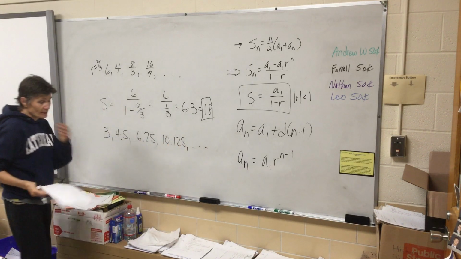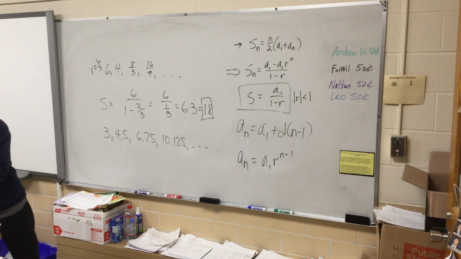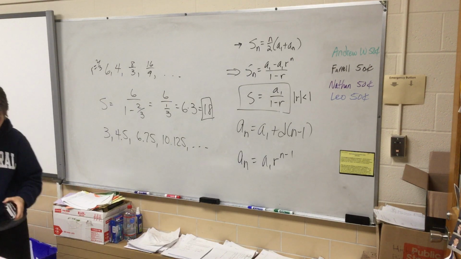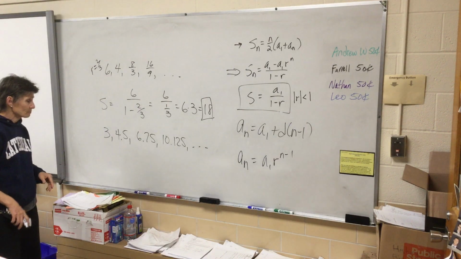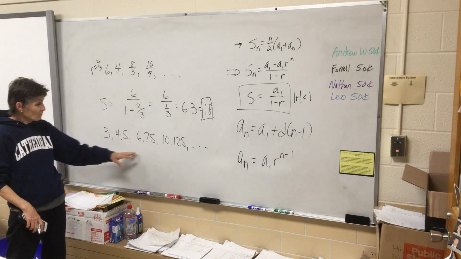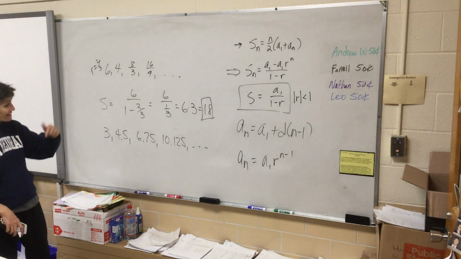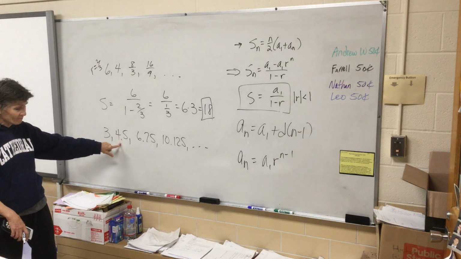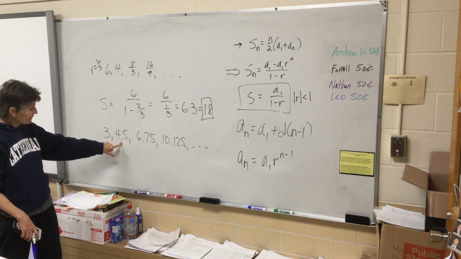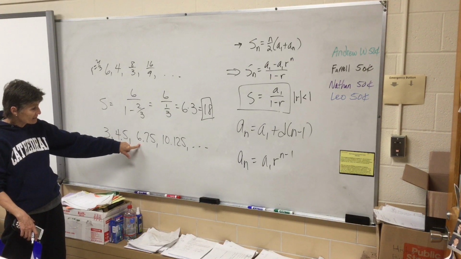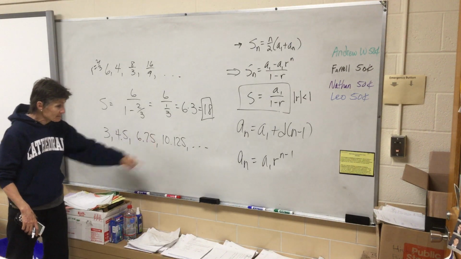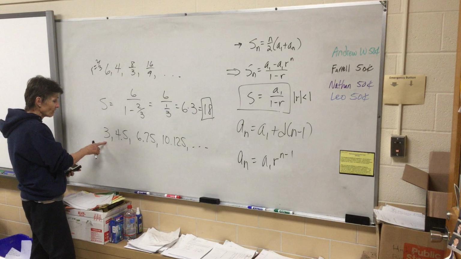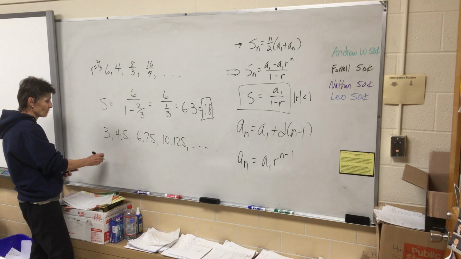All right, is this thing geometric? And if it is, what am I multiplying by? Now remember, if you're at all confused, what you're asking yourself is, 3 times something is 4.5. 4.5 times that same something has to be this, and this times that same something is this. So you can just find the ratio. That's why we call it a common ratio.